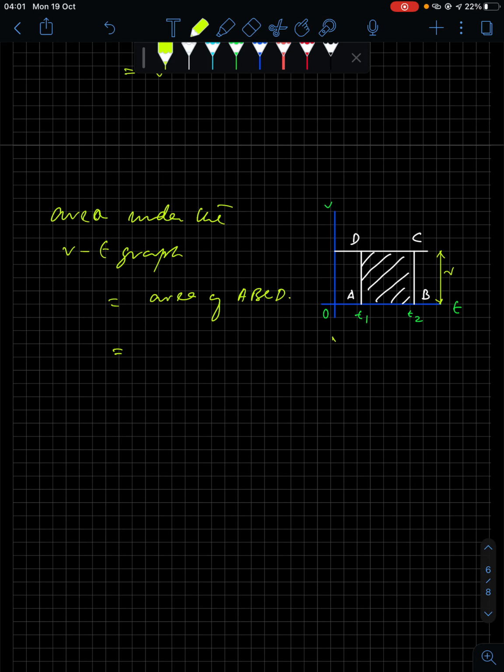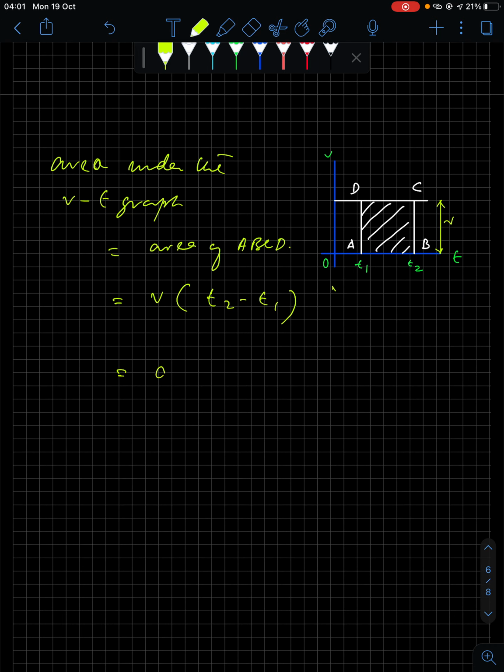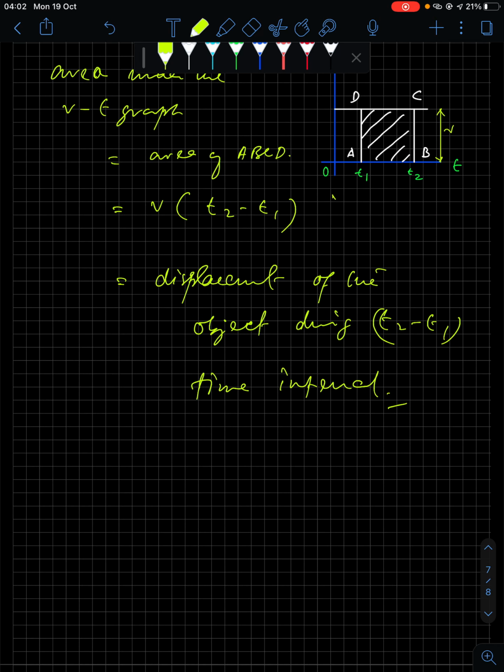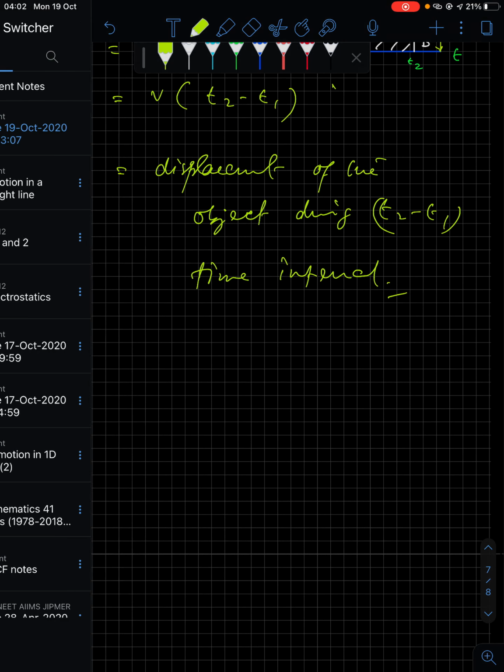One side is v, the other side is t2 minus t1. So this will give you the displacement of the object during the t2 minus t1 time interval. All right, so this should be pretty clear.